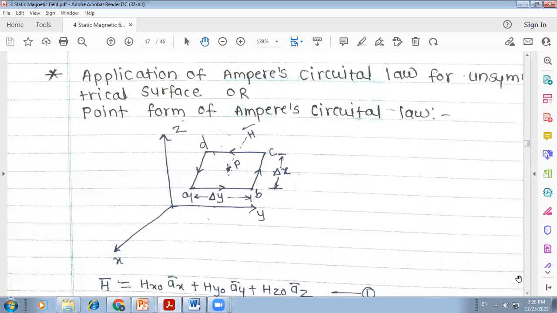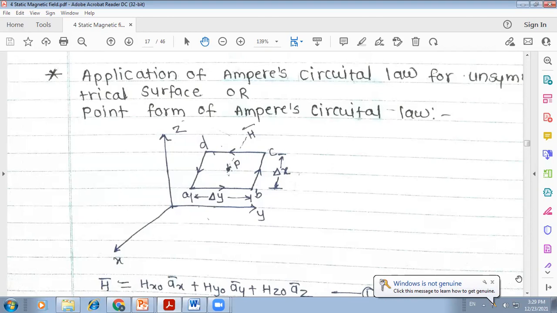Now we will see the important point which is asked in examination many times, that is the application of this Ampere's circuital law for unsymmetrical surface, or it is also called the point form of Ampere's circuital law, right? We have seen in first section the Gauss law, right? And there was point form of this Gauss law, that was also the application for the unsymmetrical component, right?